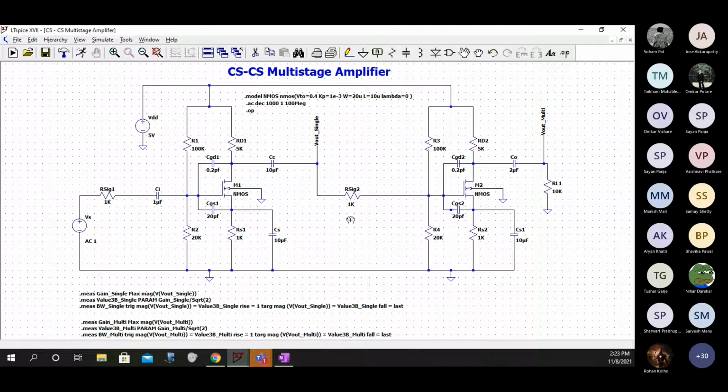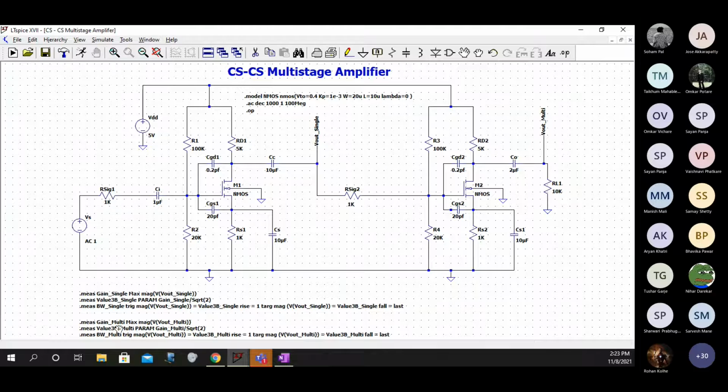If you want to closely see what these two equations are going to be, it will be like this. So now I am writing two .measure commands. The first .measure command is for the output of the first stage, that is the single stage amplifier, and the second .measure command is for the output of the second stage.